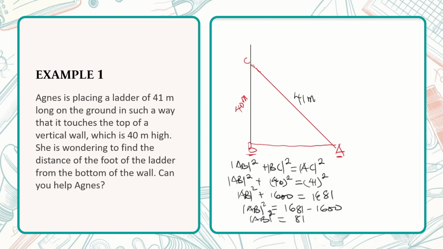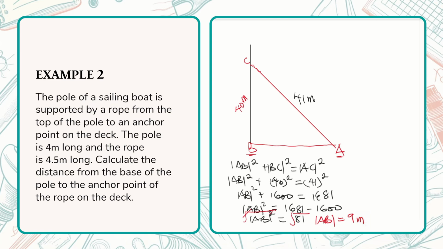When we take the square root of both sides, the square root cancels the square. And because AB is a length, it gives us 9. 9 what? The answer is in meters, so 9 meters. So we have helped Agnes to find the foot of the ladder, which is 9 meters.